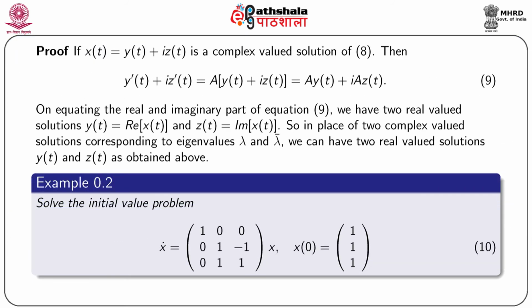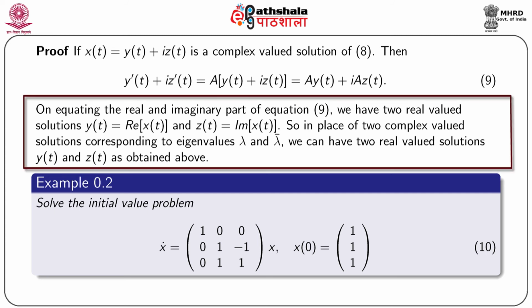Now, the proof is as follows. If x(t) is equal to y(t) plus i z(t) is a complex valued solution of 8, then y dash t plus i z dash t is equal to A times (y(t) plus i z(t)), which is equal to Ay plus i Az.